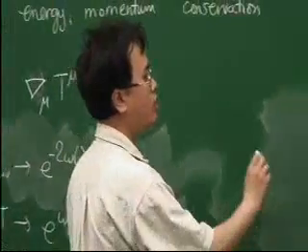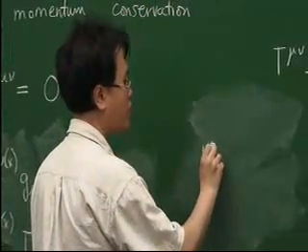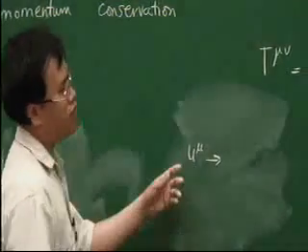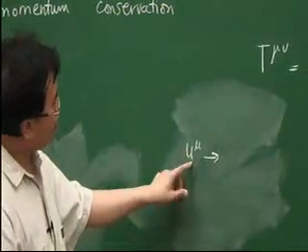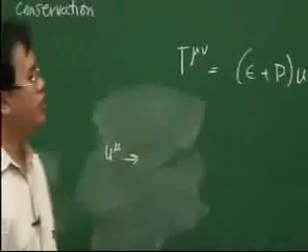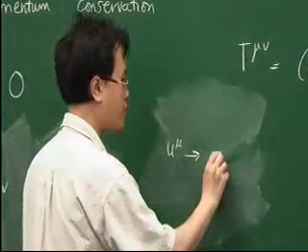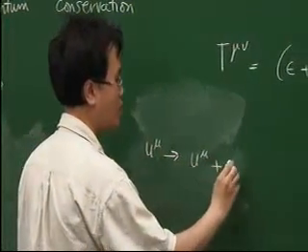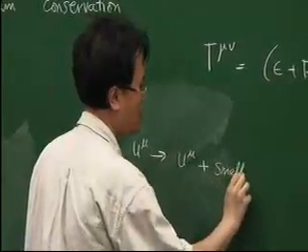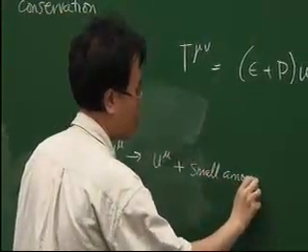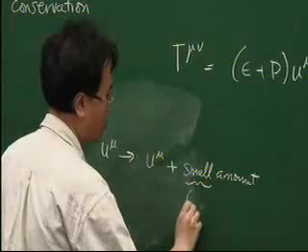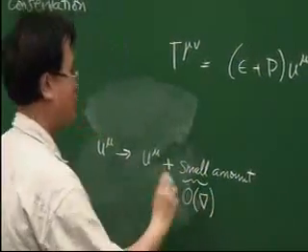We can always choose to make a shift in our definition, say, of the velocity. We can say that instead of using one definition of the velocity u^μ, let me shift that by a small amount, where small here I mean of order of one derivative.